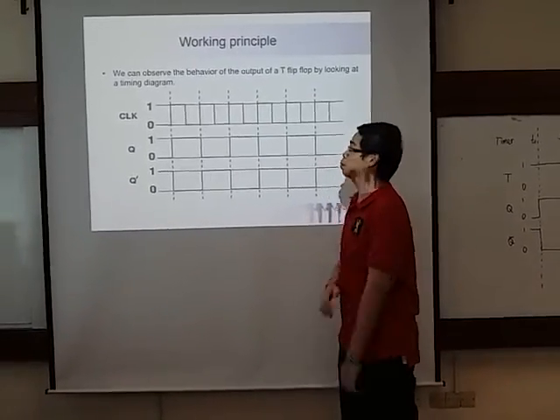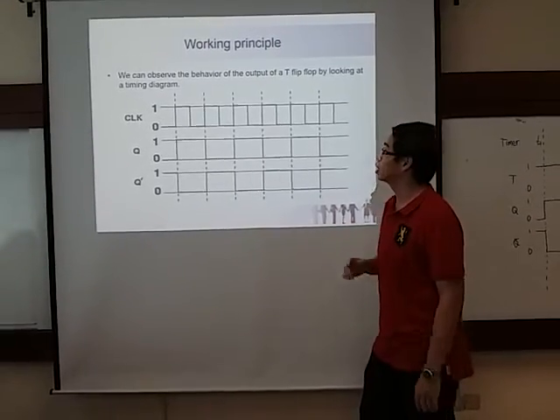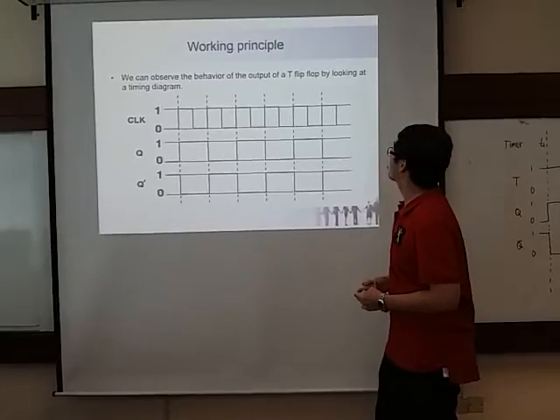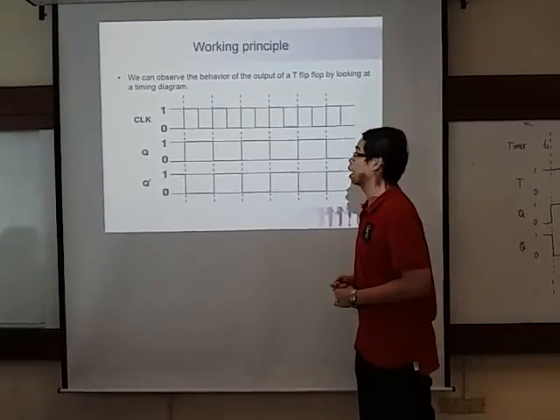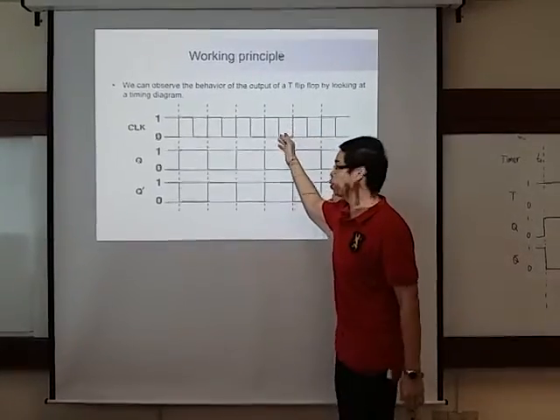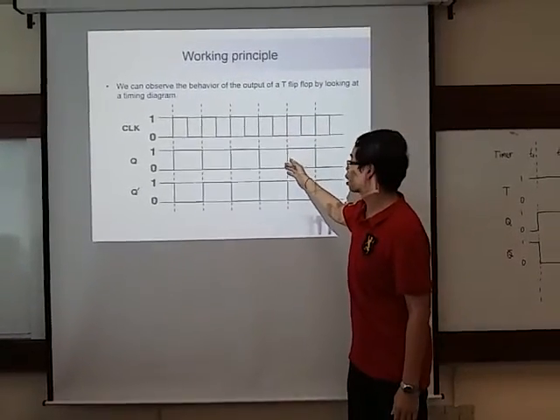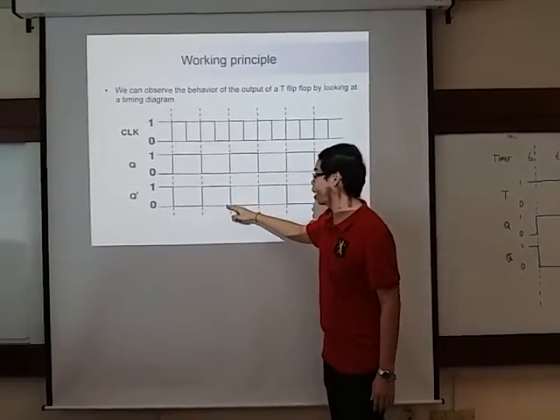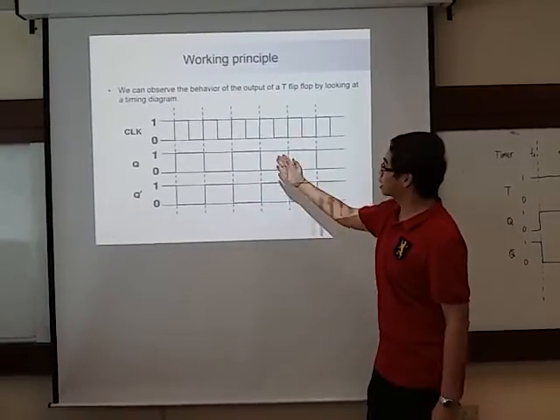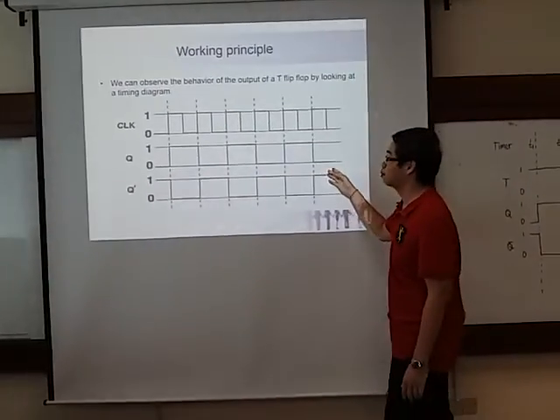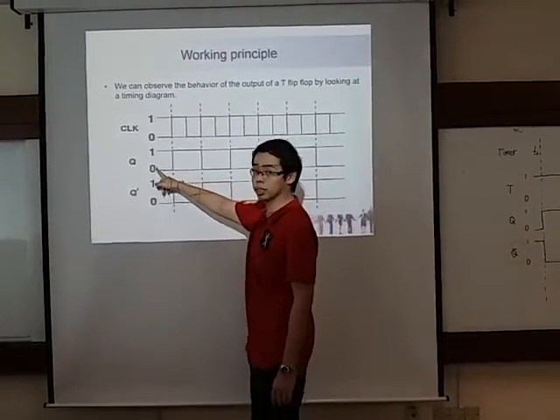So the working principle of the frequency divider is we can observe the behavior of the output of a T flip-flop by looking at a timing diagram. So this one is the clock input, and the Q output and Q bar output. You can see at every positive edge of the timing diagram, Q will be toggled.